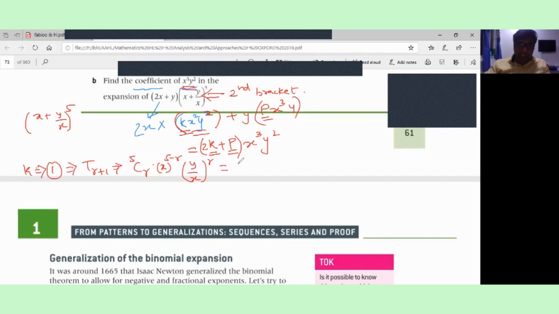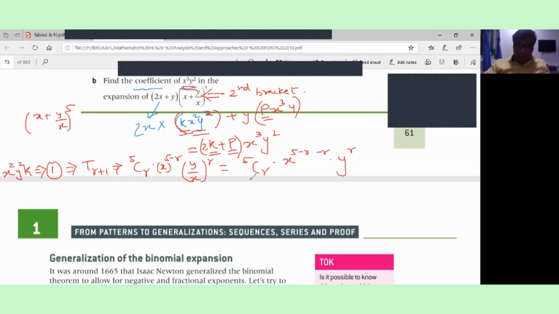On simplifying, this will give me 5Cr as it is into x raised to 5 minus 2r into y raised to r. I hope that's understood. Clear with the idea? Done. Now from here, you get a good hint directly that r has to be 2. You don't have to waste your time because you want x square y square, right? To get k, the coefficient of x square y square, right?